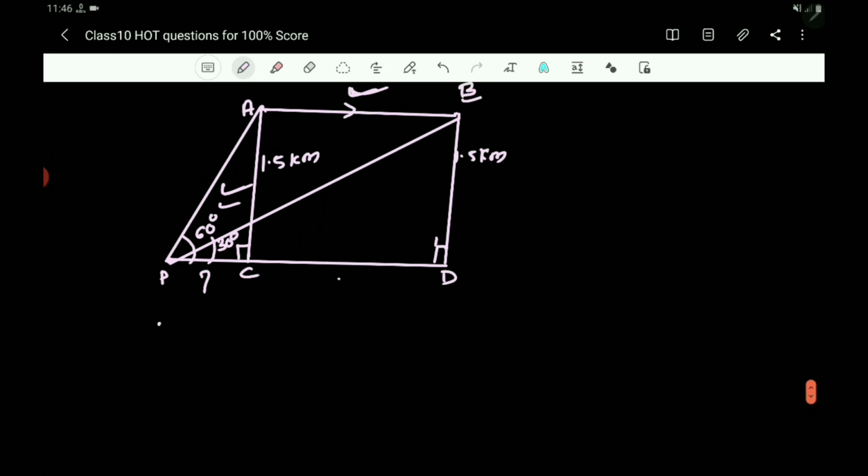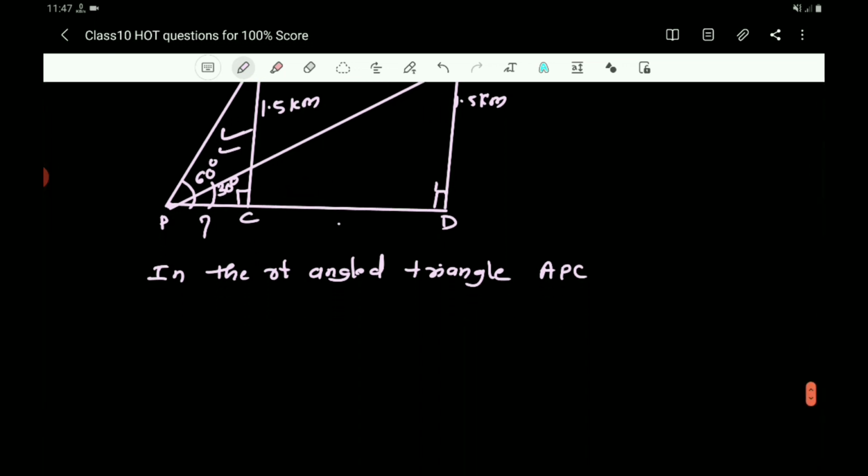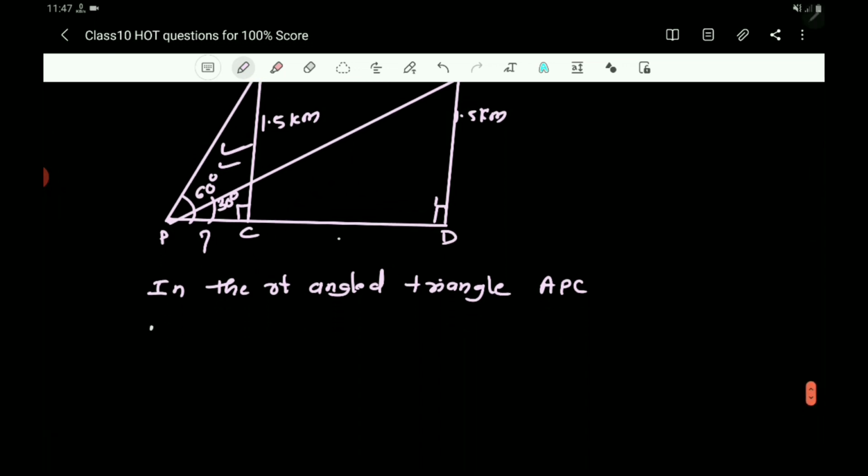Right, take here. In the right angle triangle APC, here for this angle 60 degree, AC is the opposite side and PC is the adjacent side. So you have to take the trigonometric ratio which is having the opposite side by adjacent side. So you take tan theta is equals to opposite side by adjacent side.